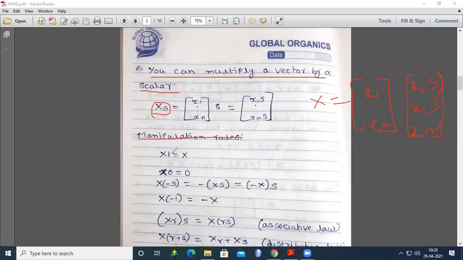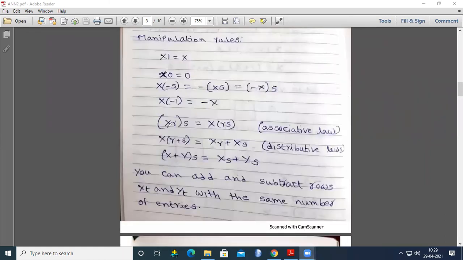So x times 1 equals x. If you multiply this x with 1, then we get x. x times 0 equals 0, where 0 is nothing but the zero vector. So x times minus s, that means the scalar is negative here, equals minus of xs, that equals minus x into s. x times rs equals x rs.